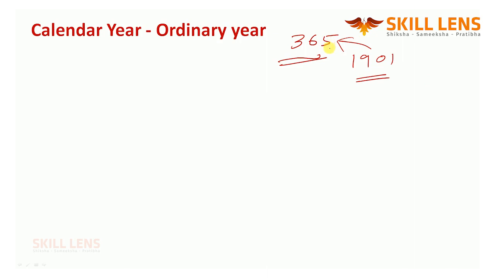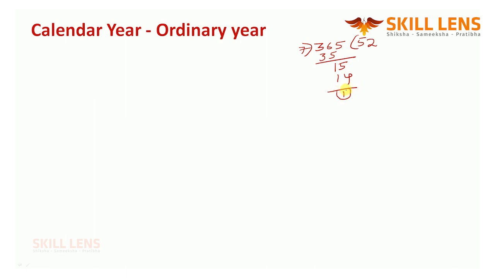Guys, the days are 365, but how many weeks will be there? In 365 days, how many weeks will be there? 1 week consists of 7 days. So if I want the number of weeks, I should divide 365 by 7. 7 5s are 35, I am left with 1 and 5. 7 2s are 14, so it's going to be 1.